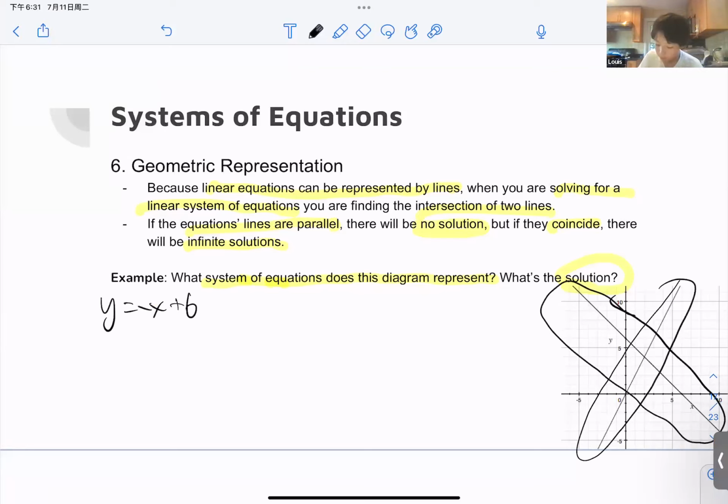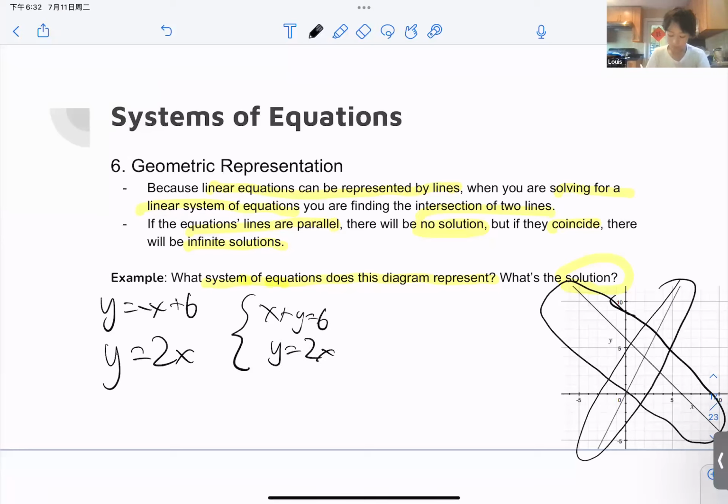And for this line right here, the slope-intercept form is y equals 2x, since the slope is 2 and the y-intercept is 0. So therefore we have the system of equations is x plus y equals 6 and y equals 2x.